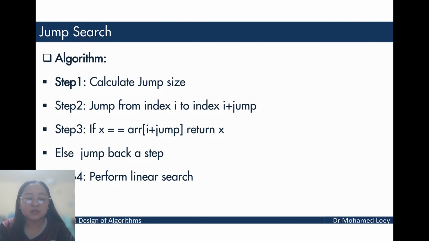The last step is to perform a linear search within that specific block to find the exact position. If the value is found, we return the index. If not, the algorithm ends and returns that the element is not present. This combination of jumping and scanning makes jump search more efficient than checking every element.